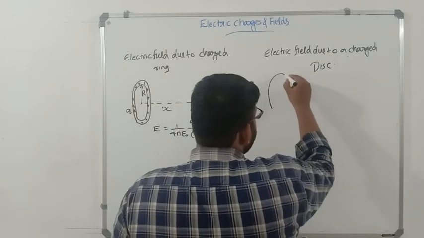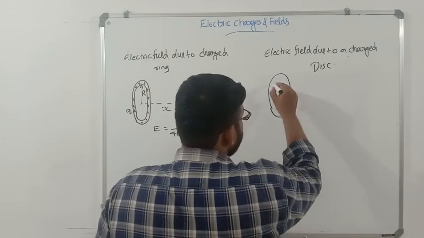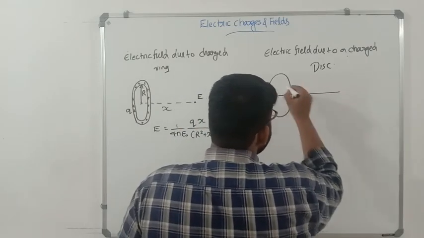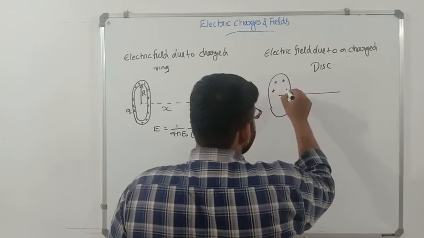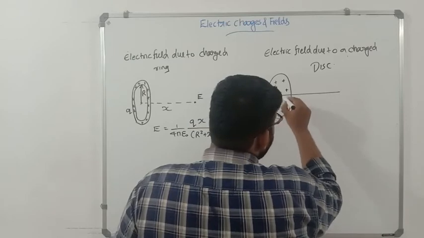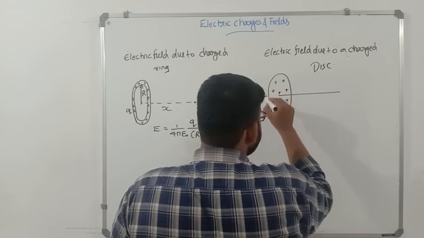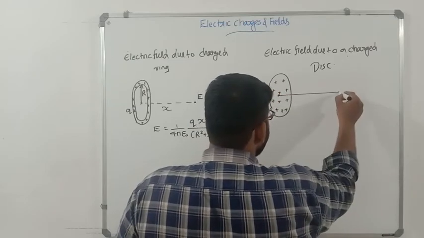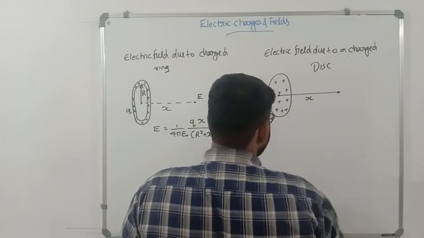Suppose you select a charged disc. Okay, look at here, this is a disc and it is charged. Disc, you know what is disc? And the total charge in the disc is q. From the center to that point, distance is x.